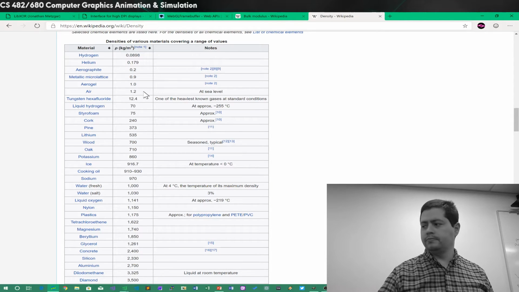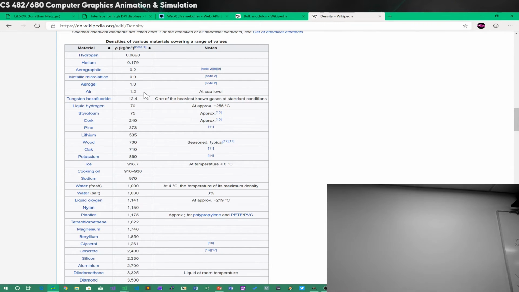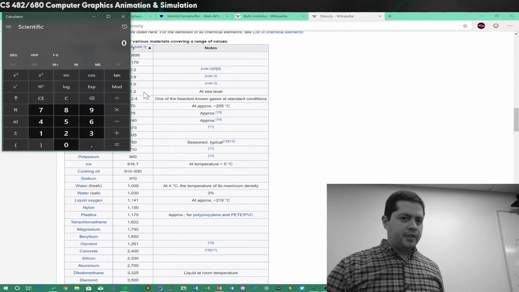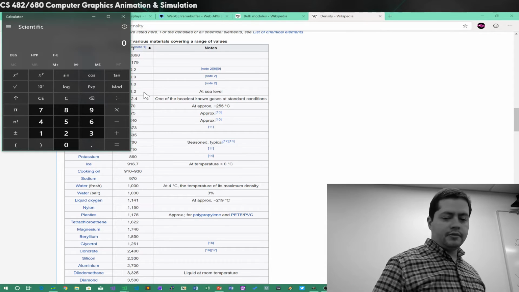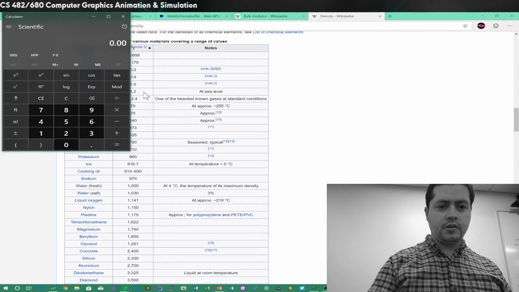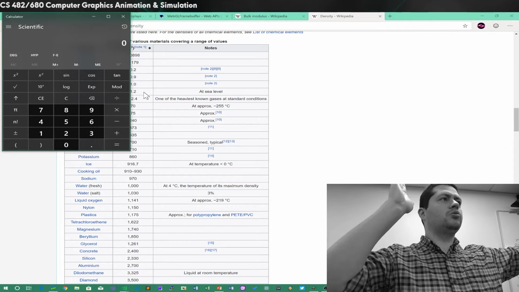Air 1.2. I don't have my calculator on me, but if we plug in this value of K, which is 0.001, that's gigapascals. So actually, let's throw it in as just regular pascals.